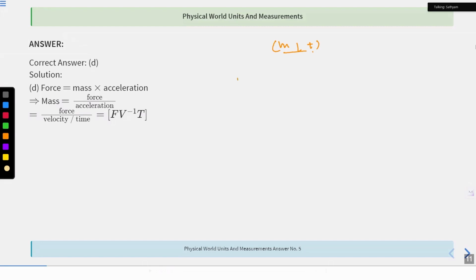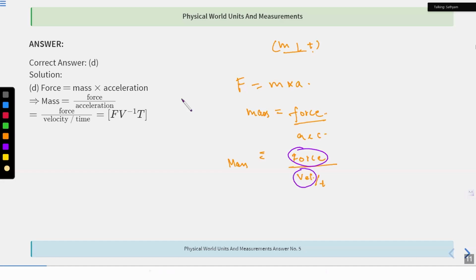So we know that force is equal to mass into acceleration. Correct? Okay. So mass is equal to force by acceleration. We know what is force, right? So force divided by acceleration. What is acceleration? Acceleration is nothing but velocity by time. Now what they have told us is that force is a fundamental quantity.